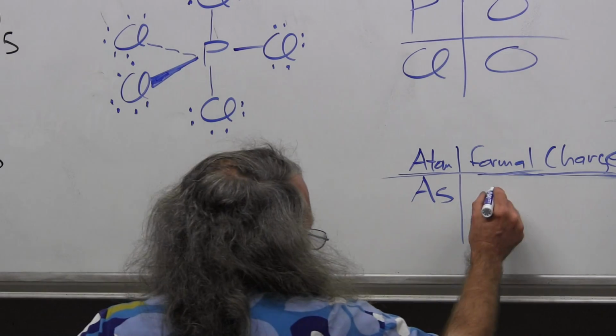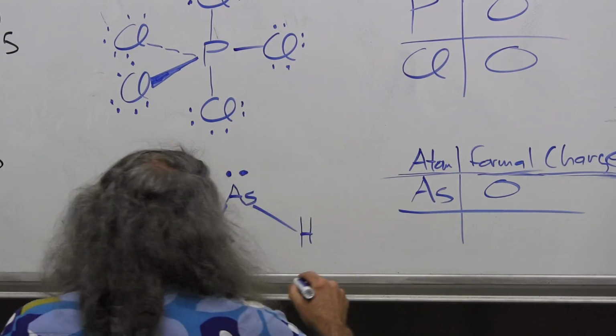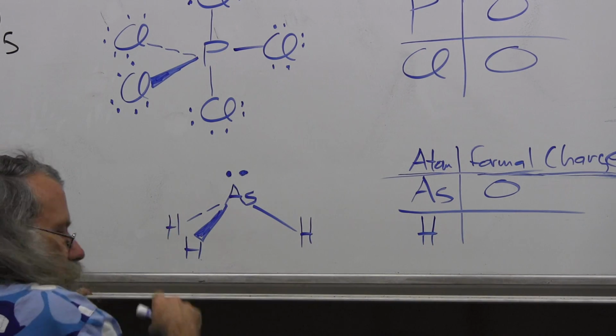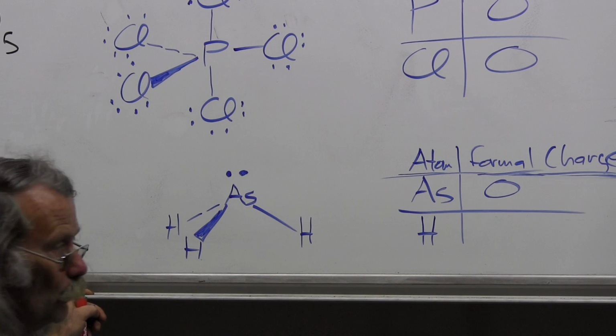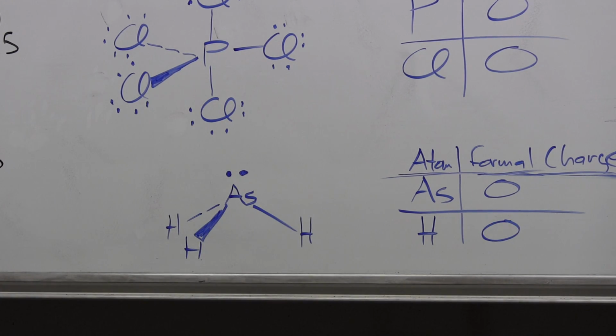So I have 0 formal charge assigned to the arsenic. And for the hydrogens, I have 1 electron each. They're group 1. 1 minus 1 is again 0. So we have, again, a spectacular distribution of formal charge: 0 formal charge on each atom.